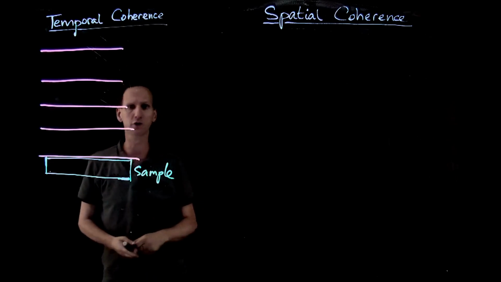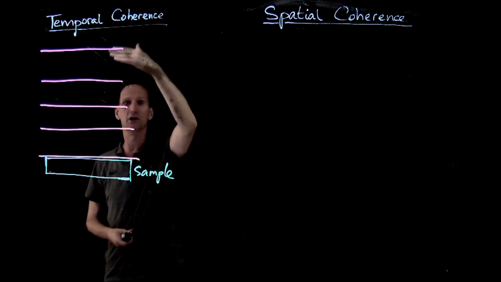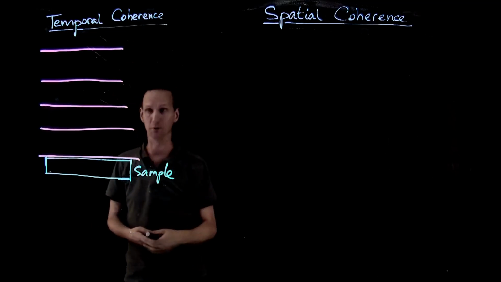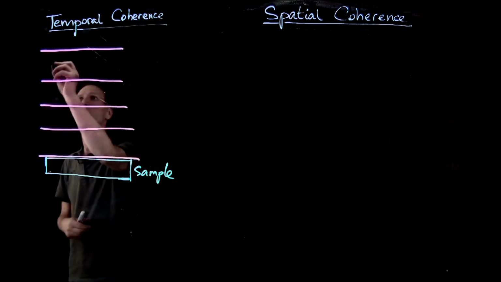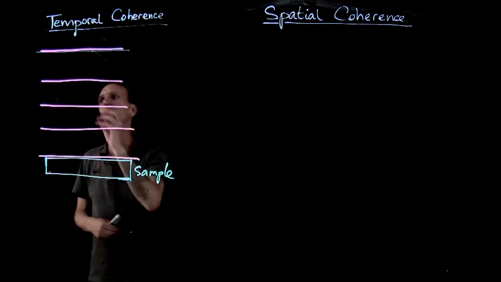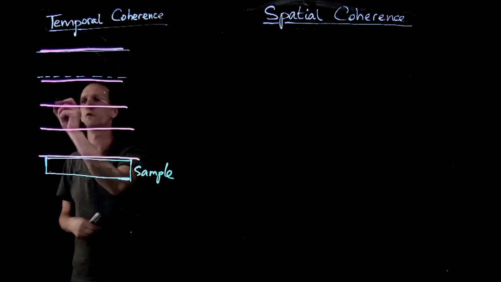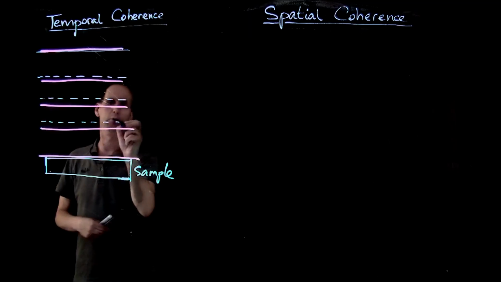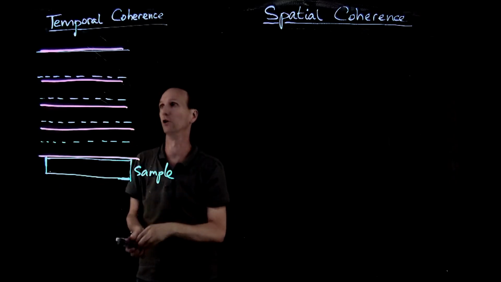Now, temporal coherence relates to the energy spread in the beam. So the fact that if we have multiple energies, multiple velocities in the wave, not all phase fronts travel at the same speed. So we have one specific energy propagating with this wave front, and then if they're all in phase at some point along the path, a lower velocity wave will go out of phase with the pink wave we depicted first, and will thus be out of phase on the sample.